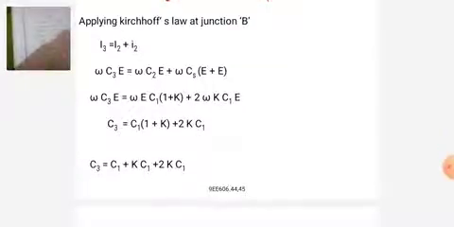That is WC3 into E is equal to WC2 into E plus WCS into E plus E. So WC3 into E is equal to WC1 into 1 plus K, where C2 is nothing but C1 into 1 plus K, plus WCS into 2E.